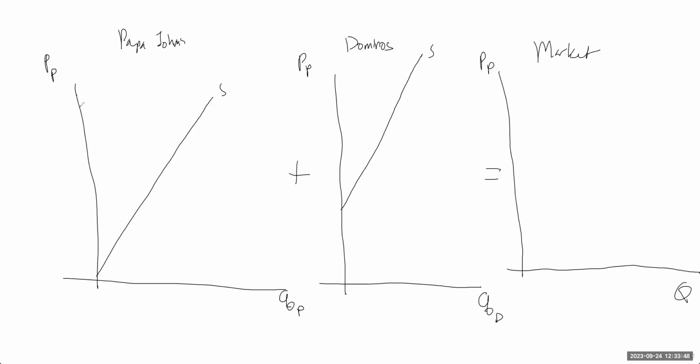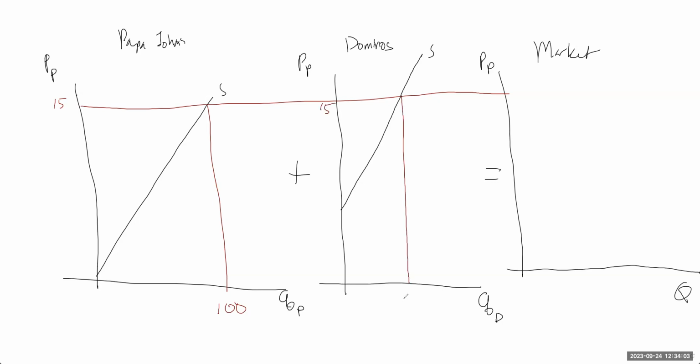So at some price up here, I don't know, $15 a slice, Papa John's wants to sell 100 slices. Domino's, I don't know, it's like 60. So at $15 a slice, we have 160 because 100 plus 60.